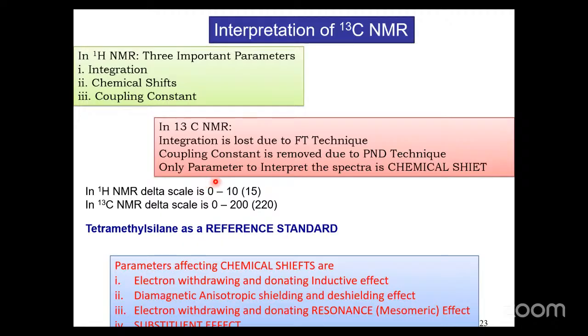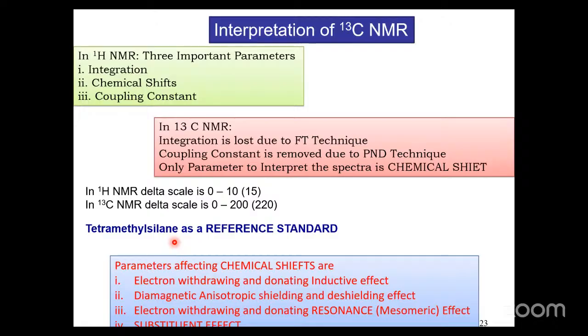And for the chemical shift, if we compare hydrogen and C13 NMR, the normal delta scale for H1 is 0 to 10, while for C13 we have 0 to 200, and sometimes it may extend to 220 delta as well. We use the same standard, tetramethylsilane.